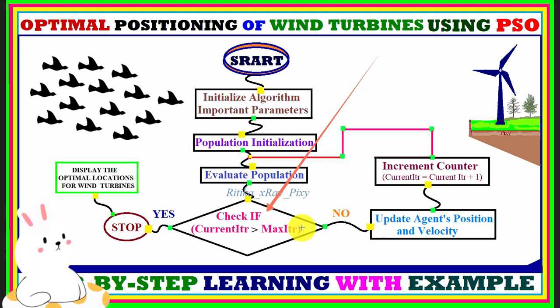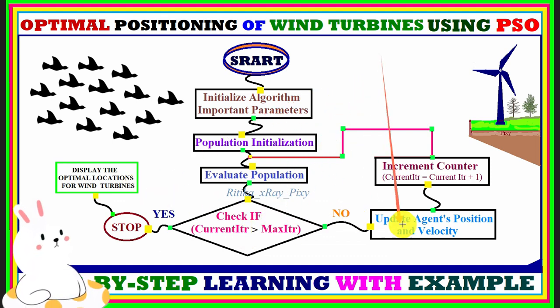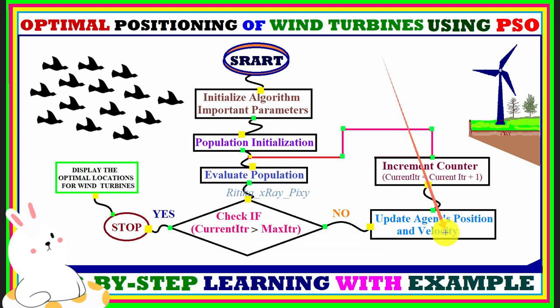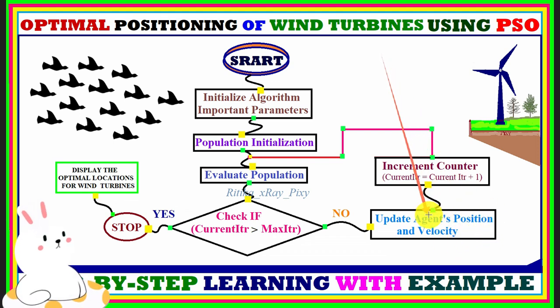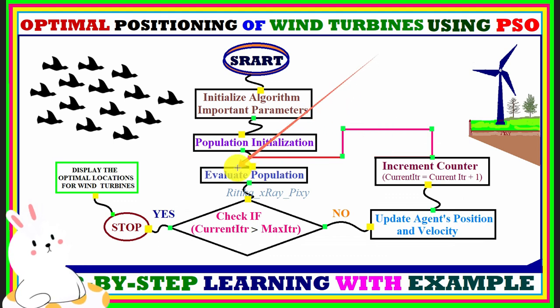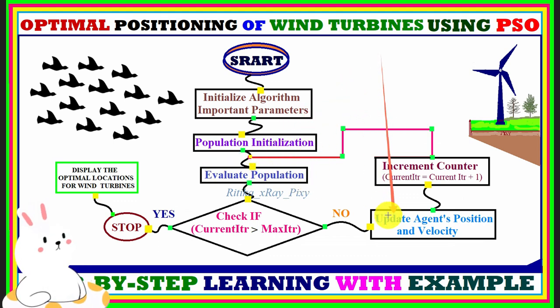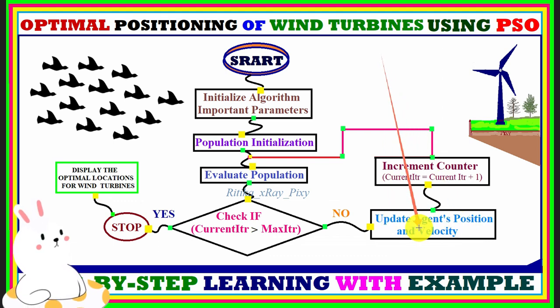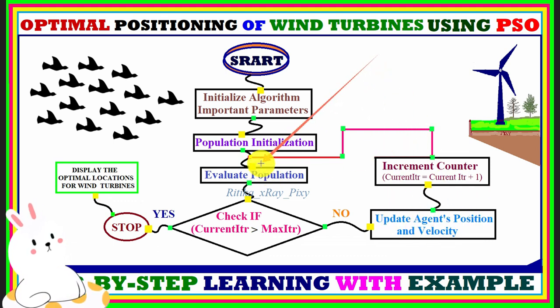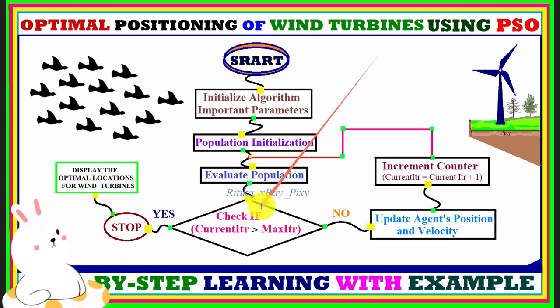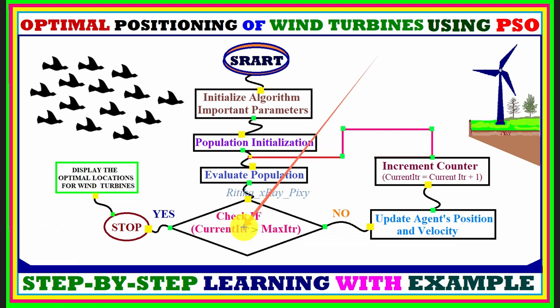If the stopping criteria is not met, we will update the agent's position and velocity, and then again we will increment the counter, and here again we will calculate the fitness values for agents. Here you can see we updated agents, and we will calculate the fitness values for each agent using the objective function, and again we will check the stopping criteria.